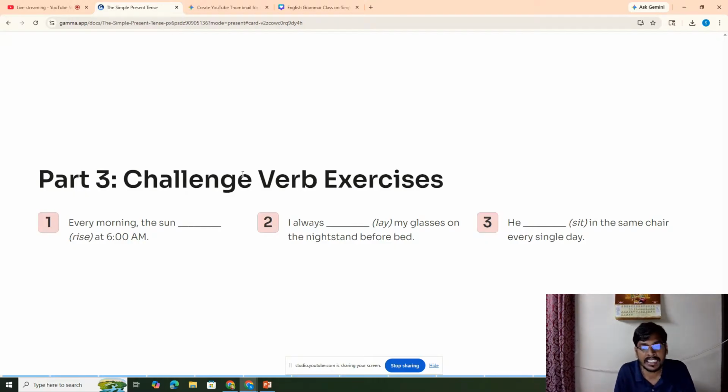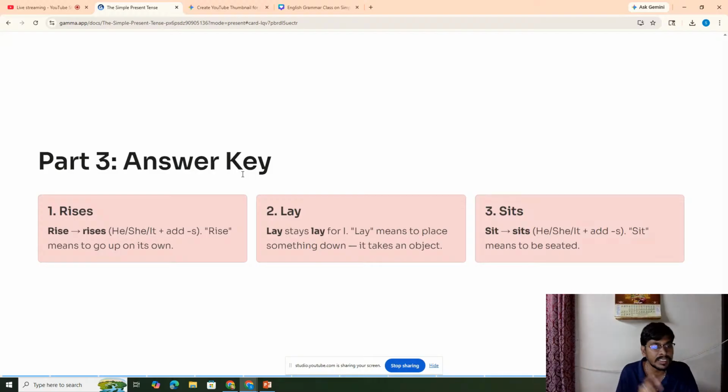Here it's 'lay'. He sits in the same chair every single day. He sits, it's not 'sit'. So these are the correct answers. The sun rises at 6 a.m. every day. Lay is the right answer, and so these are the correct formations.